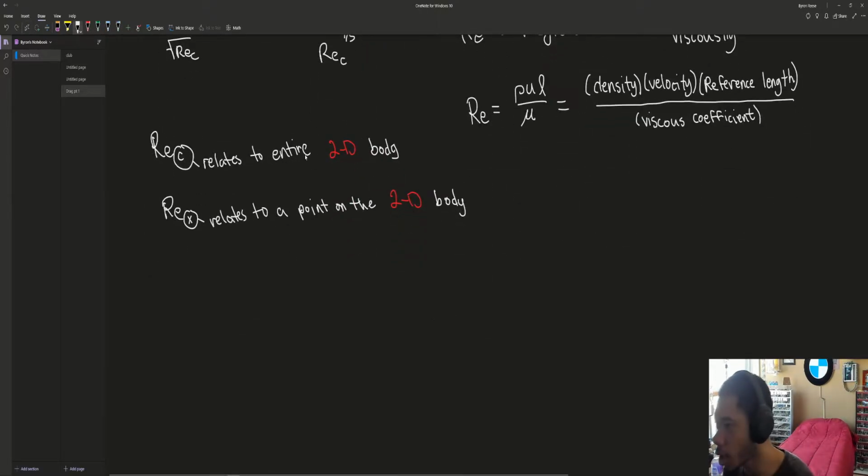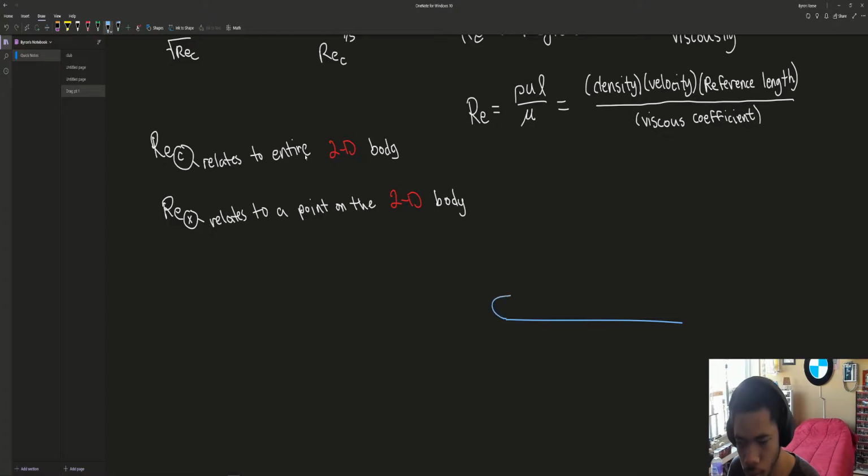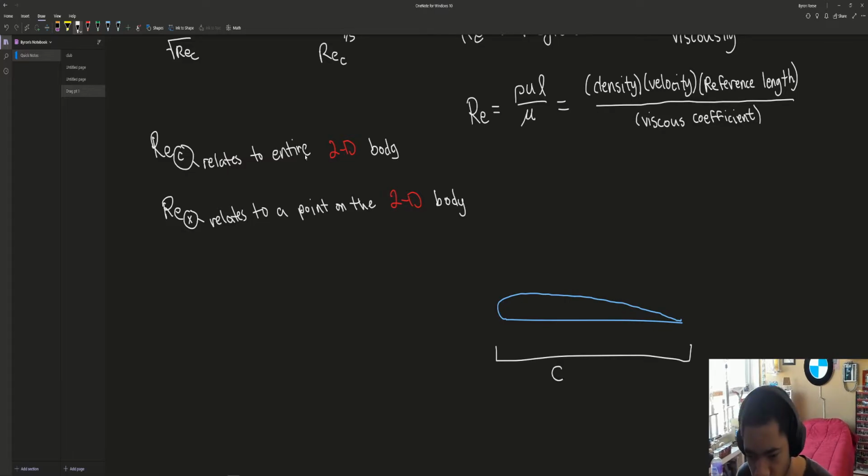So, if I draw my airfoil again, we find that here we have our chord length, c, this chord length. And that's what this C in Re_c relates to, chord length for the entire body.